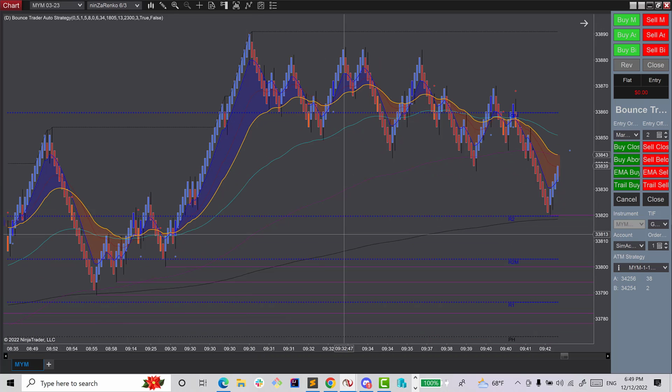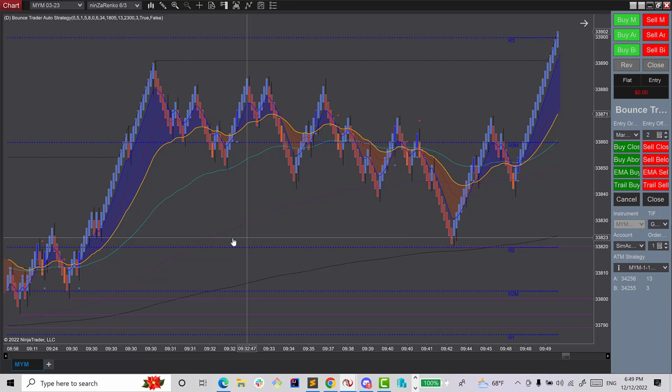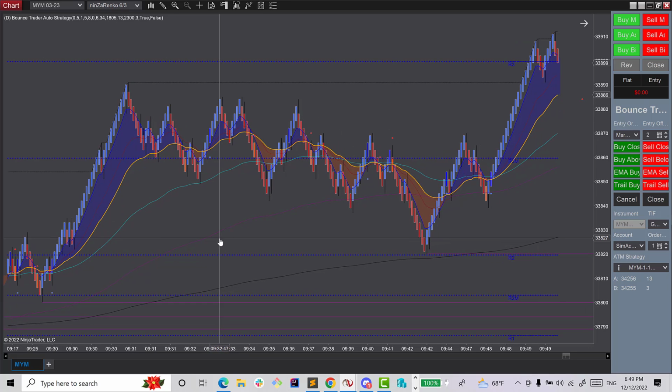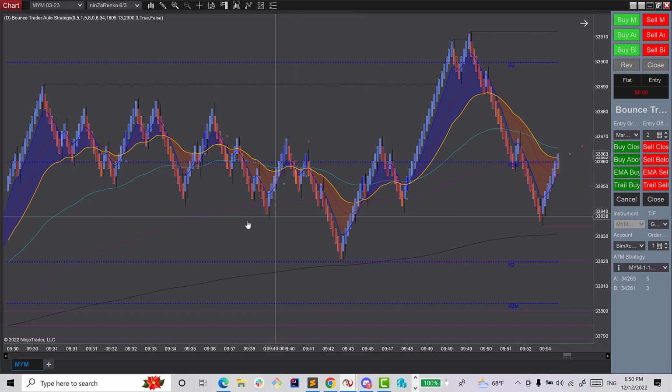At first glance it tells you we have a clear bounce, a reaction to the 34 EMA. I like the setting 6.3 because I see the reaction to the 34 EMA enough, and that's how I chose this setting.